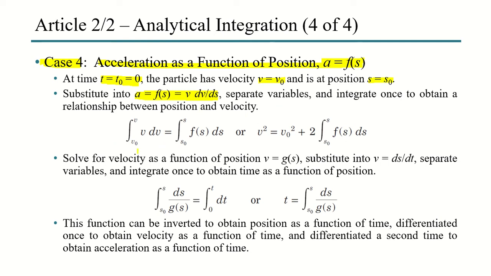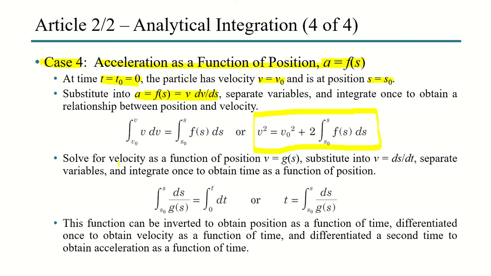From here we have v dv, cross multiply ds, so we have f of s ds. Integrating both sides, the limit of v is v sub 0 to v, and the limit of s is s sub 0 to s. Substituting, we get this new formula, class, that we need to understand and remember.